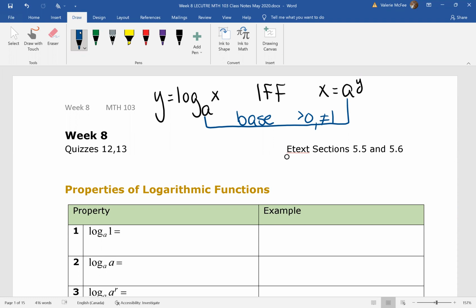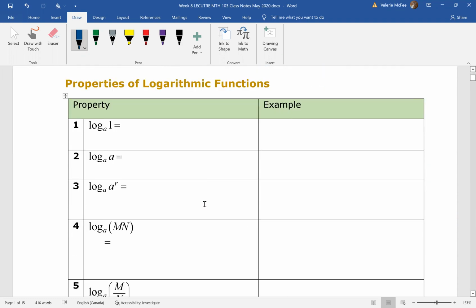We're going to look at the first 4 properties in this lecture and then look at the remaining in the next one. Log base a of 1. Think about the question that's being asked here. Remember the question asked by a logarithm. A to what power equals 1? Well, I hope you recognize that a to the power of 0 equals 1.